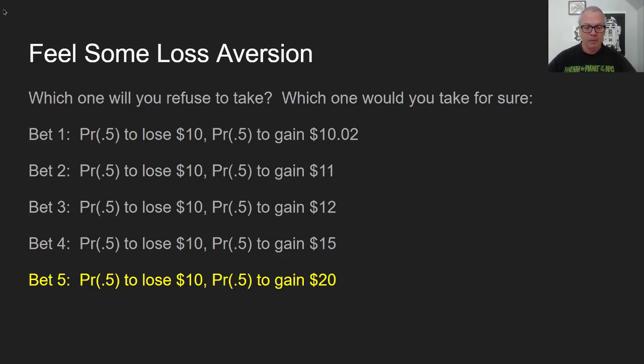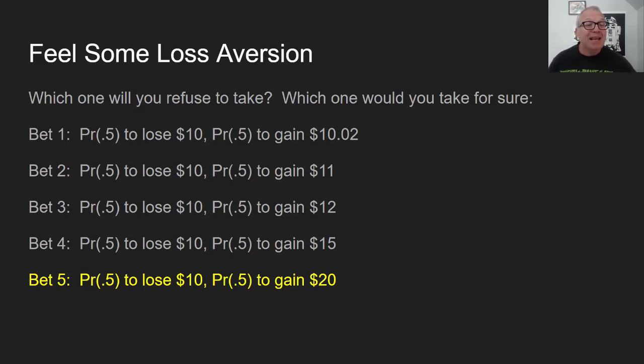So according to expected value theory, if you were really strictly speaking a kind of robot about making economic decisions and aggregating your decisions over the long term, you would have taken bet 1. But people will drag their feet until bet 2, bet 3, bet 4, and certainly by bet 5 they'll go ahead and do it.